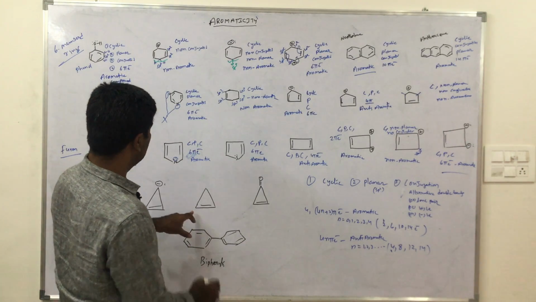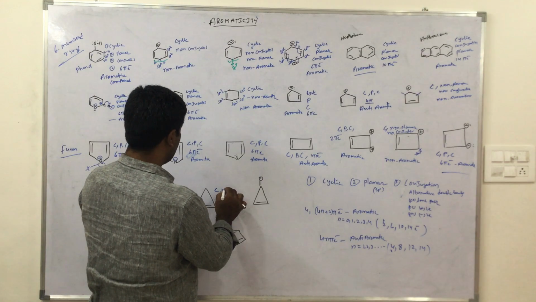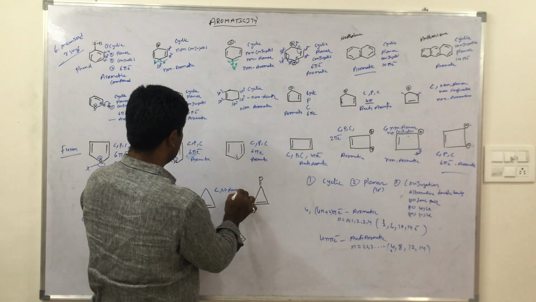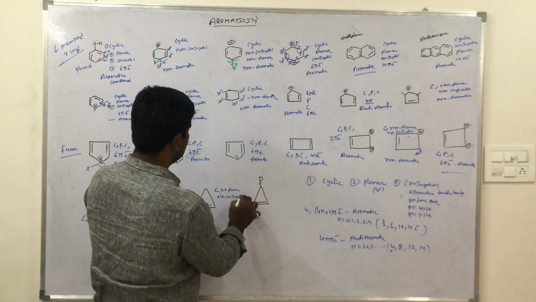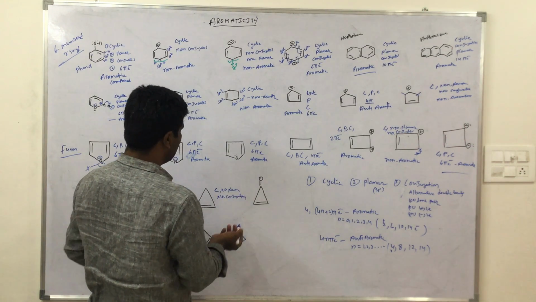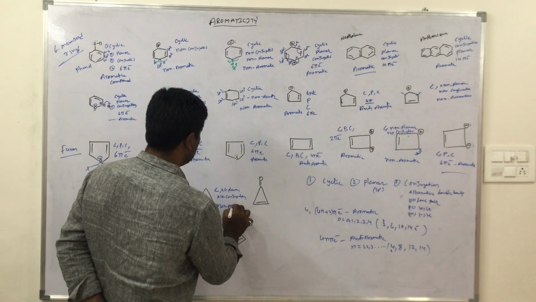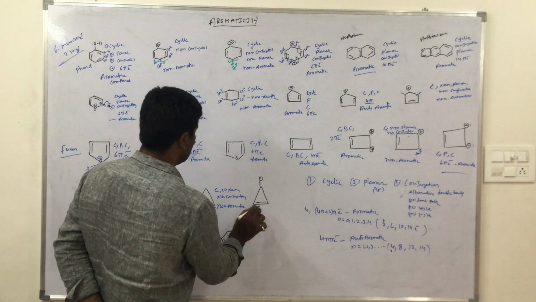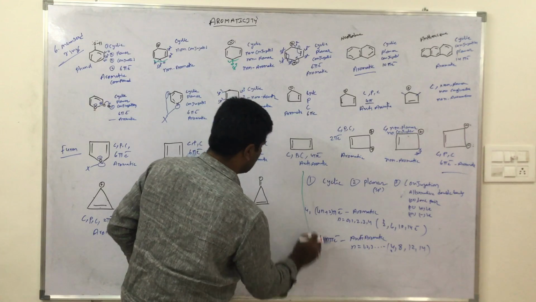Now this one, cyclic is present, but no planar, no conjugation. No planar means, no conjugation means this is non-aromatic. Now this one.